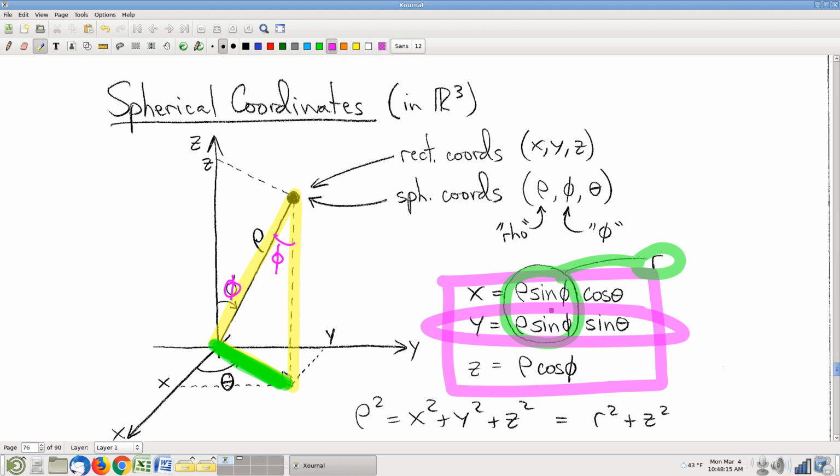Everybody see what happened there? I think it's a great way to think about it, and a great way to memorize these formulas. Just realize that the first two of them are a rip-off of old formulas based on that yellow triangle. The third formula, not quite, but then you look at the same triangle and realize that z, again, high school trig, is rho cosine phi.